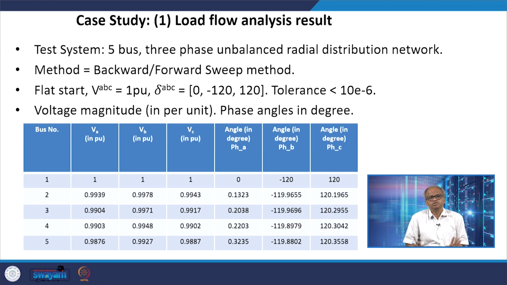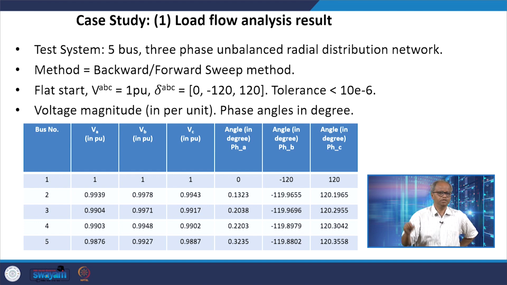Once we do this load flow analysis, we get all voltage magnitudes and all bus voltage angles, and from these we can calculate any line real power flow, any line reactive power flow, any line current magnitude, etc., right. So we first do this load flow analysis, and for this we take a flat start. So VABC is 1 per unit.